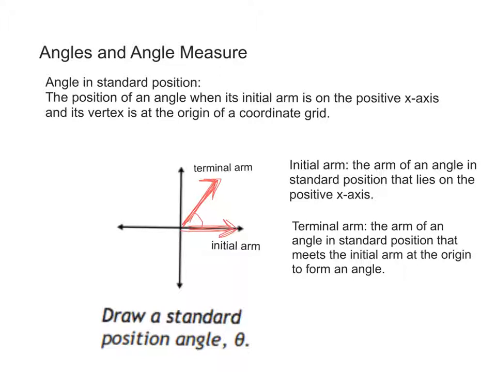This is an angle in standard position, this angle right here. It looks to be about 60 degrees. But you can draw that and label the terminal arm and the initial arm, and then the whole thing is an angle in standard position.